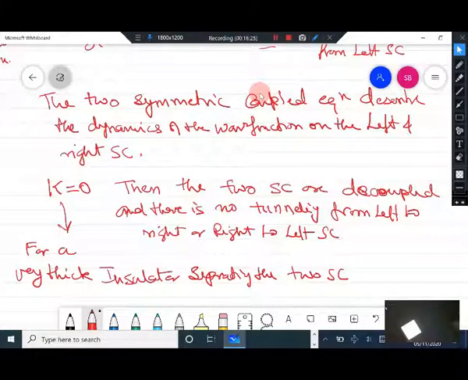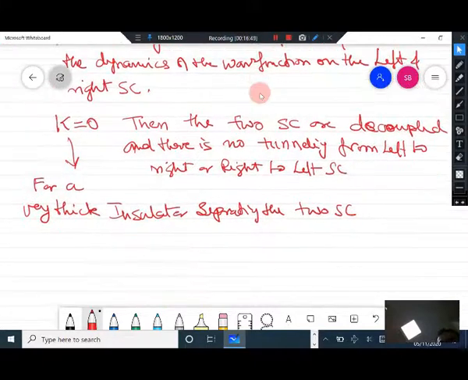Then you have an independent superconductor on the left side and an independent superconductor on the right side, and there is no reason why they should evolve in time, because nothing is leaking in from the right side into the left side or from the left side into the right side. So you can decouple the two systems.